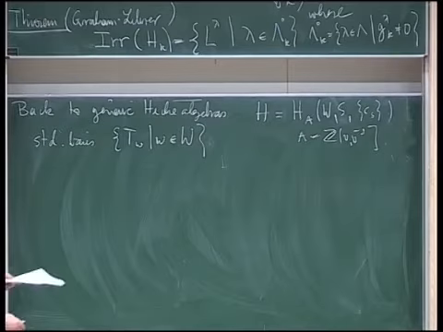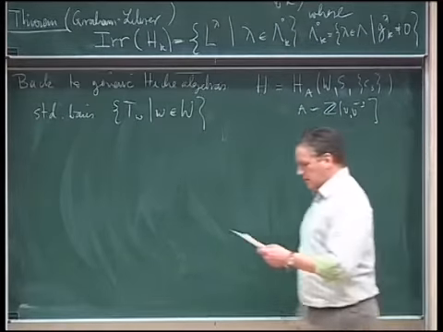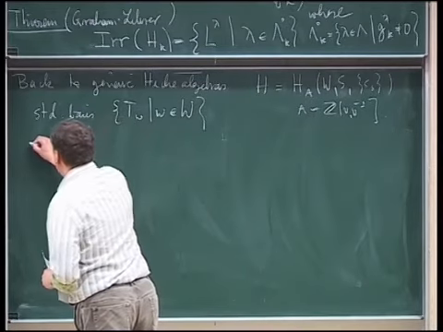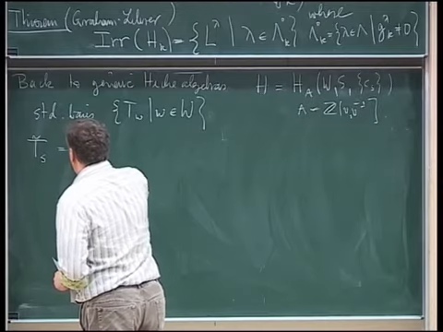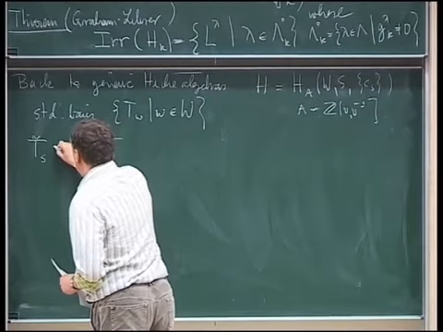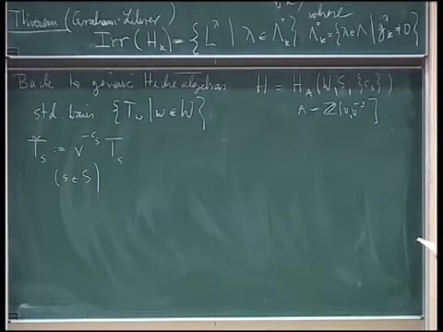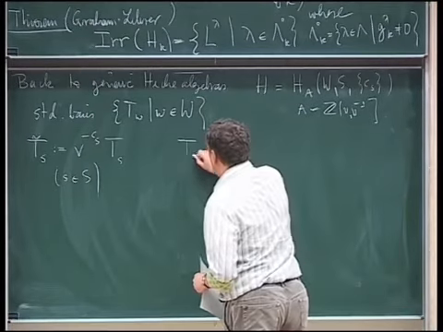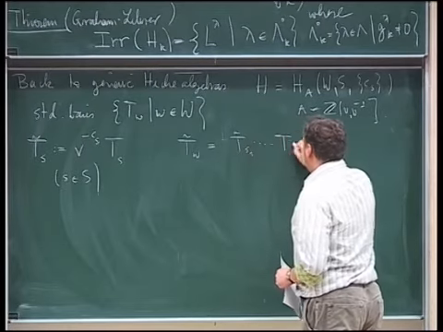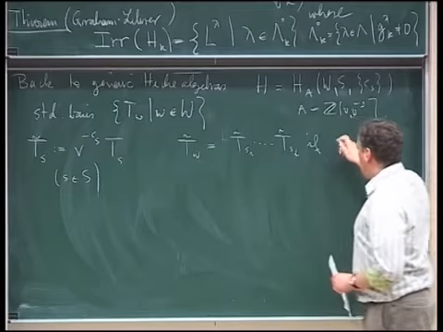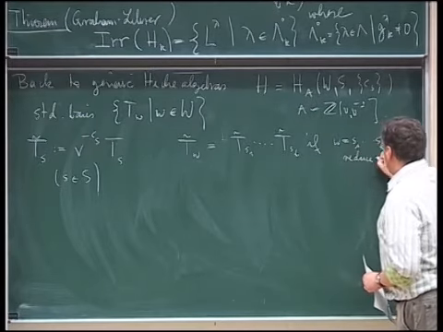But there is a much better basis in H, and this is the Kazhdan-Lusztig basis. So let me introduce this. First define T_s tilde, we just renormalize this basis a little bit, and then T_w tilde if w is a reduced expression.